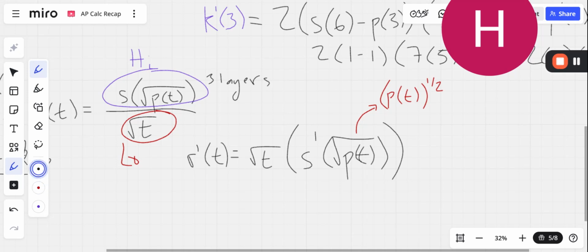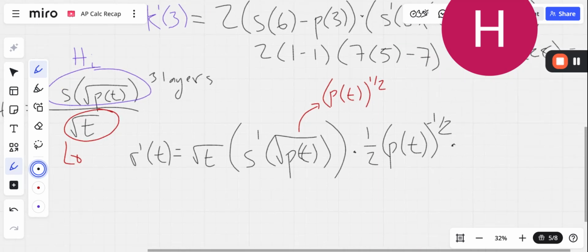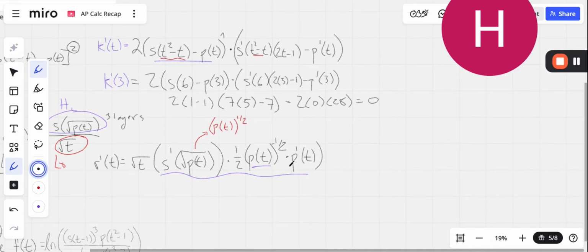And so when we think about how to take the derivative of that, we just use the power rule with the 1/2 power. So we're going to multiply by 1/2, leave the inside the same, but now it's to the negative 1/2. And then finally, we're going to multiply by the derivative of the inside of that, the final chain rule, p prime of t. Now, all of this was the d high. That's a lot for just d high.